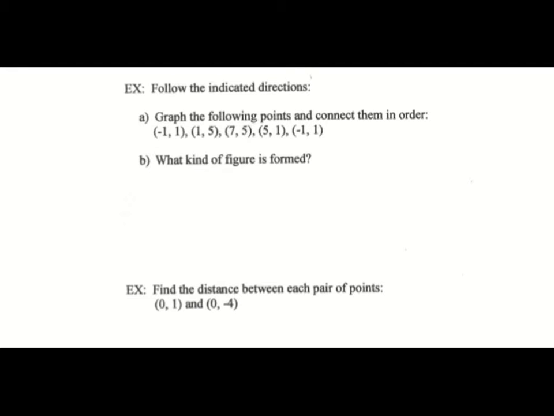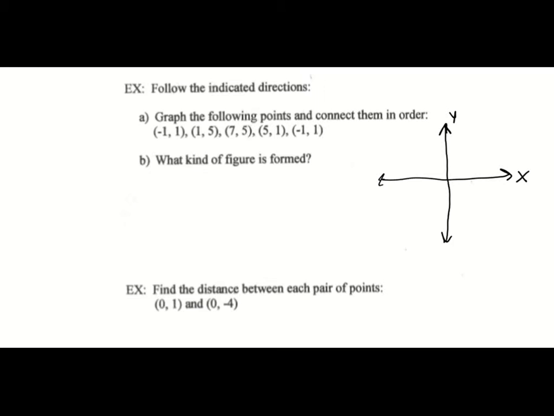Our next example tells us to graph the following points and connect them in order. So we need to start with a coordinate plane. We have our x and our y axis. And our first point is negative 1, 1.